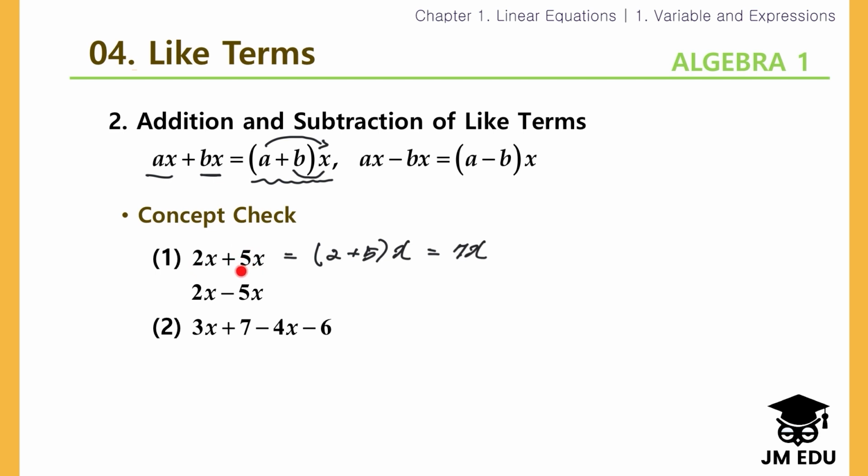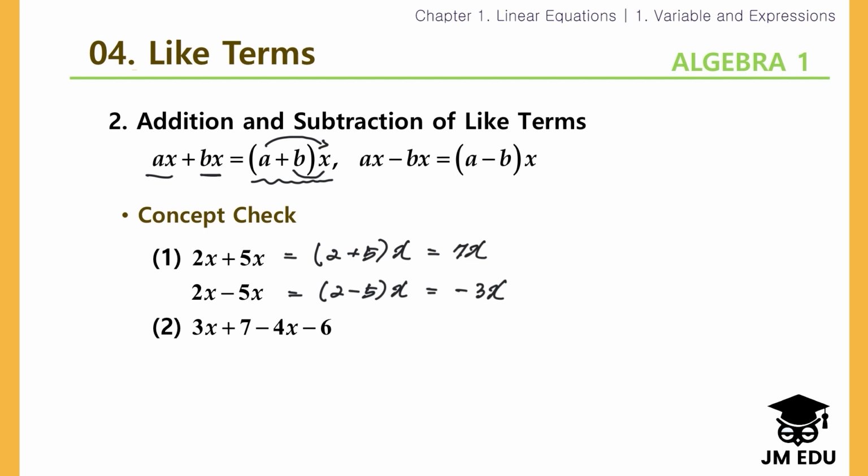So 2 plus 5, that's just 7x. Does that make sense? Okay, now we have 2x minus 5x. Then that's going to be 2 minus 5 times x. Right, 2 minus 5, that's minus 3x.